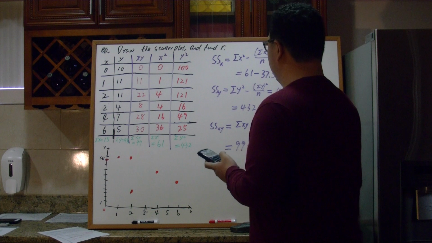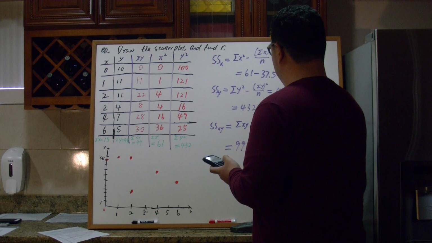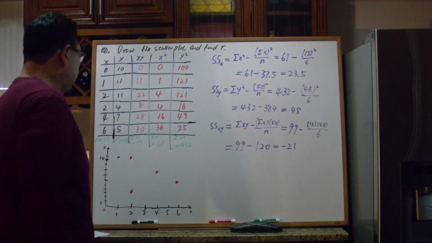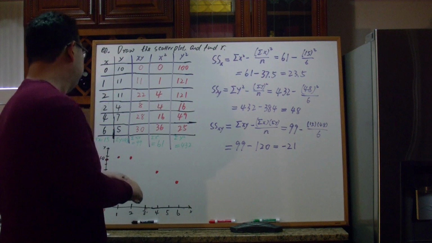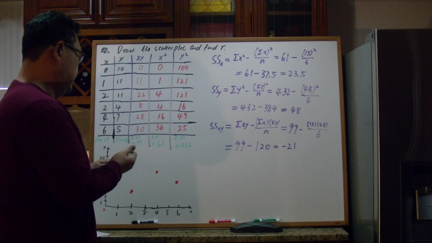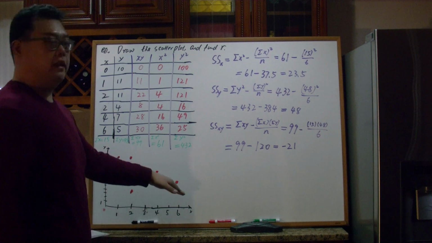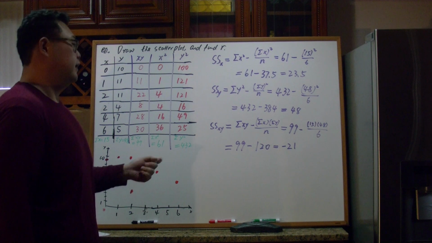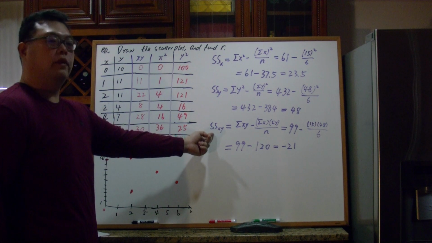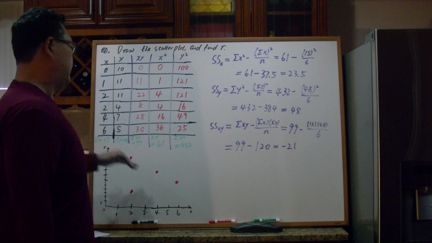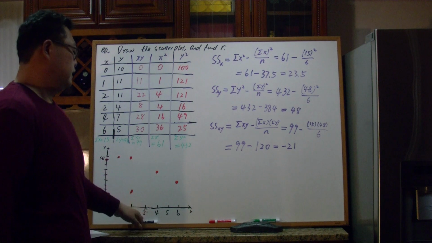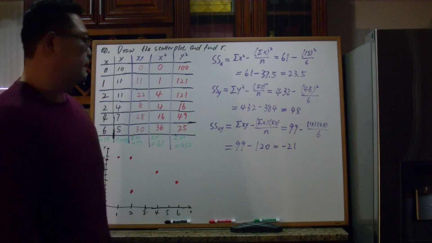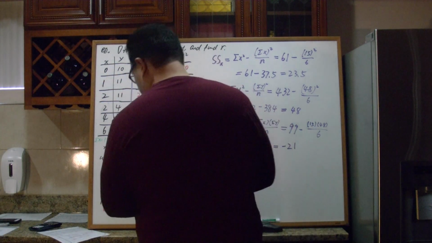So we get 99 minus 120 is negative 21. Right? At least this step agrees with what we have seen, that it should be negative for the r, and it should be negative for the SSXY. That is depending on the trend of the points.